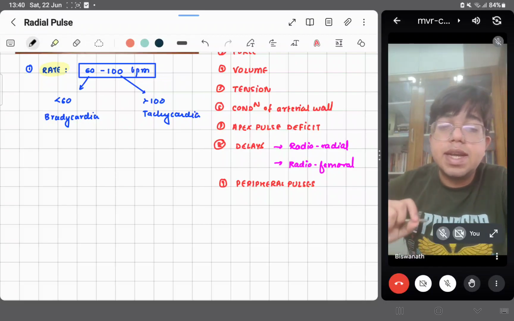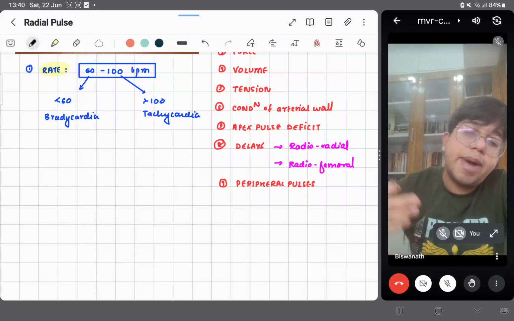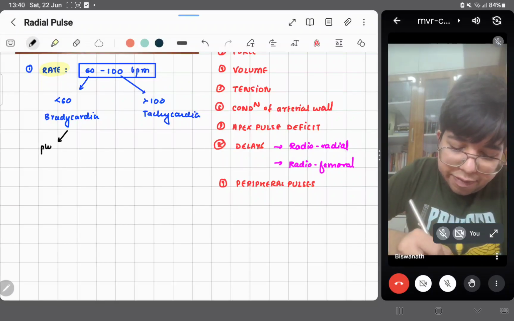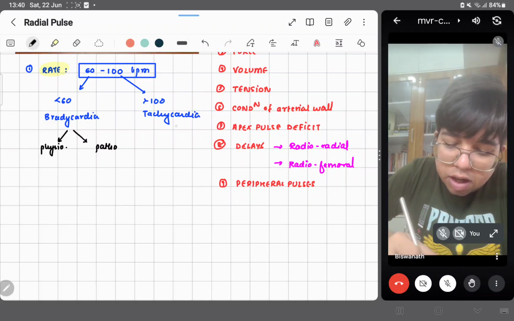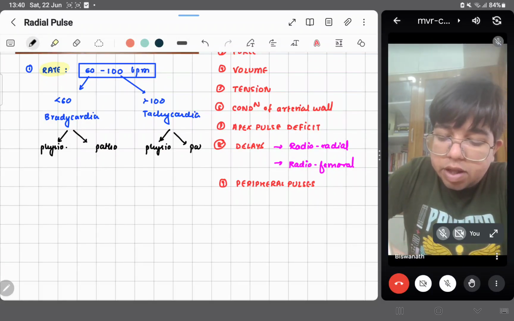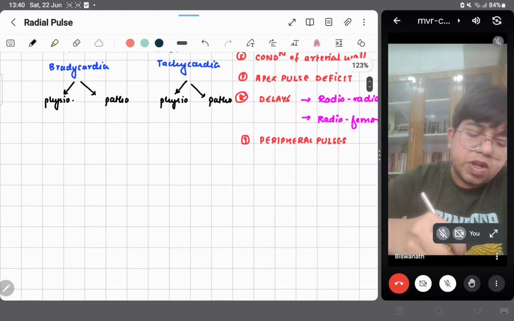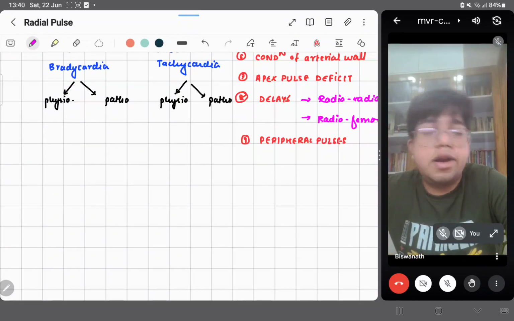So the question arises: which conditions give a physiological bradycardia and a pathological bradycardia, and so on with tachycardia? So what are the conditions? Physiological, just think, when will your heart rate be slow?